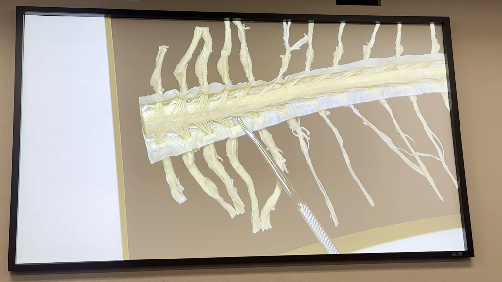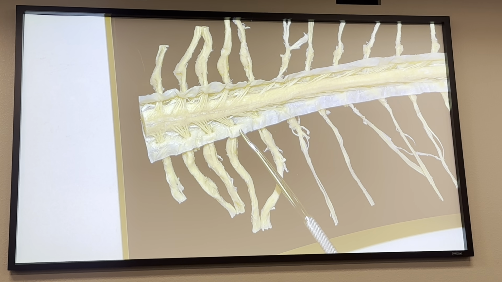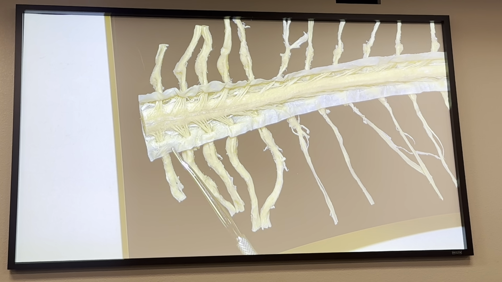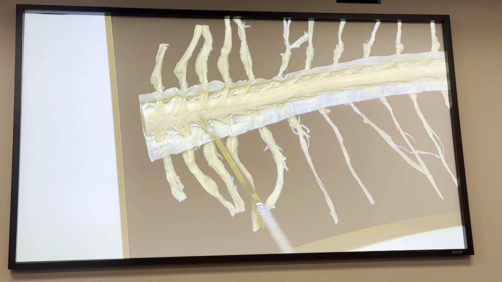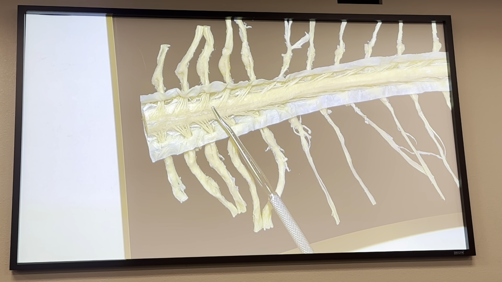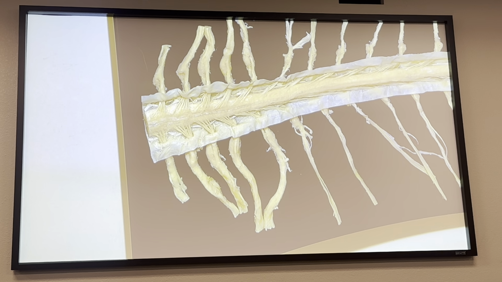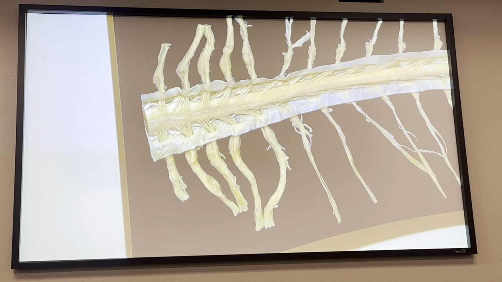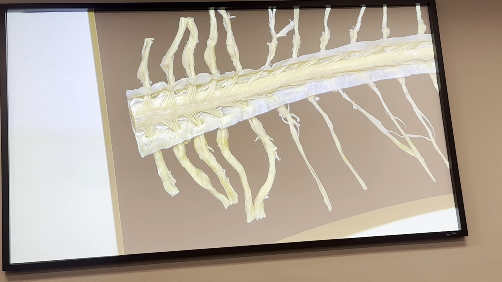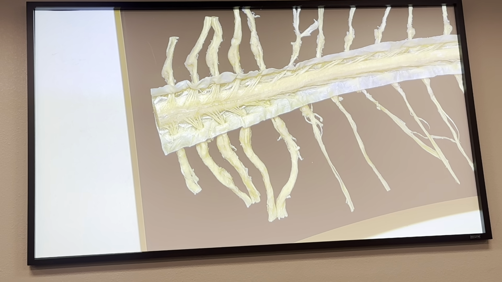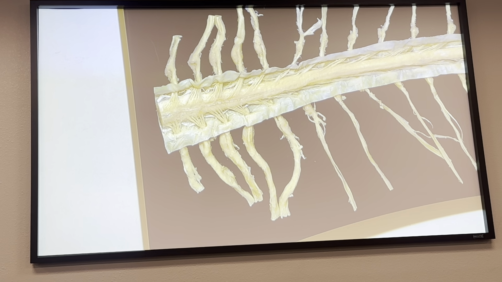So this space is your subarachnoid space, and we are basically reflecting the dural sac away from the front of the cord. If this is the front of the cord, the white matter you're looking at here is going to be the anterior fasciculus that contains cell bodies, contains axons or spinal tracts associated with touch, temperature, pain, sensory function.